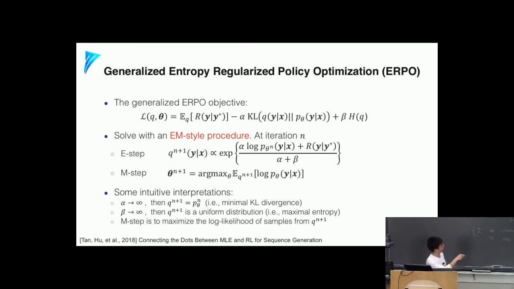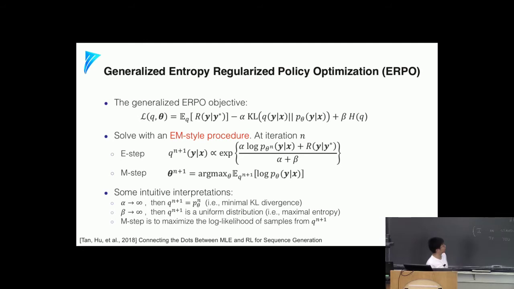That means with a very large alpha, we get Q equal to p. And from this objective, we can see the same conclusion, because if alpha is very large, then we ignore these two terms and we minimize this KL divergence. That means the optimal solution is Q equal to p.